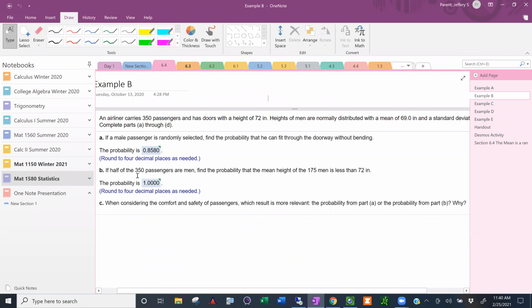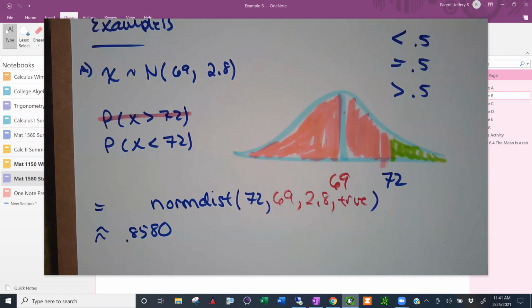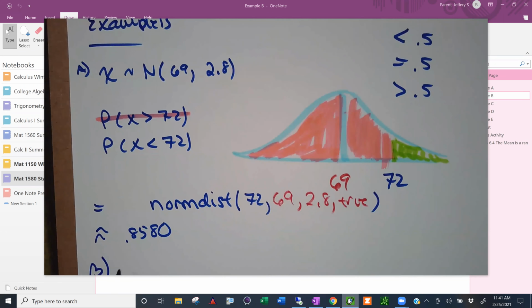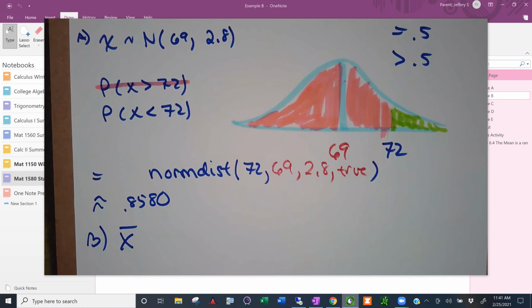If half of the 350 passengers are men, find the probability that the mean height of the 175 men is less than 72 inches. So again, you should be getting used to the pattern in these problems. The first part deals with the distribution. The second part says, now we're going to deal with the distribution of the sample mean. What was the size of our sample?